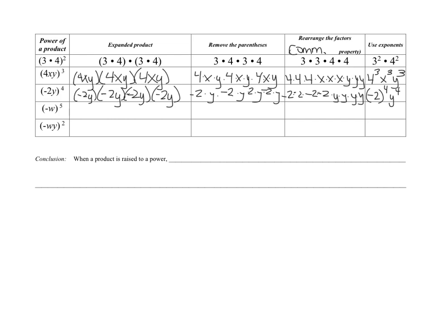This one is saying (negative w) to the fifth power. So that means I'm doing negative w 5 times. So we're going to rewrite this as negative w times negative w times negative w times negative w times another negative w.